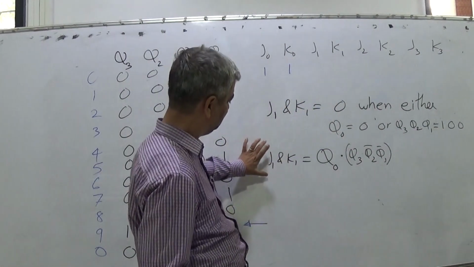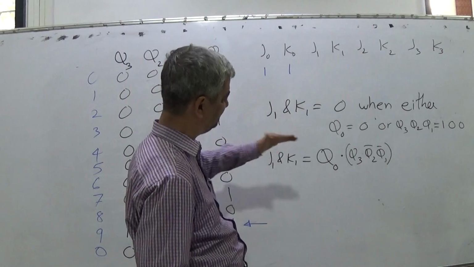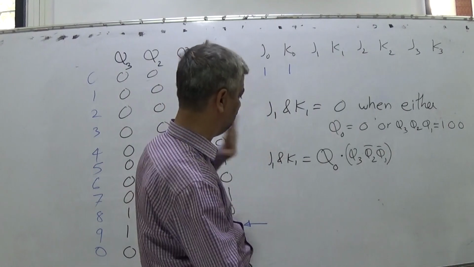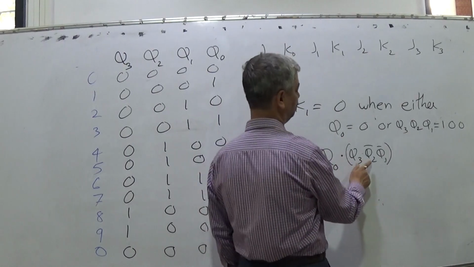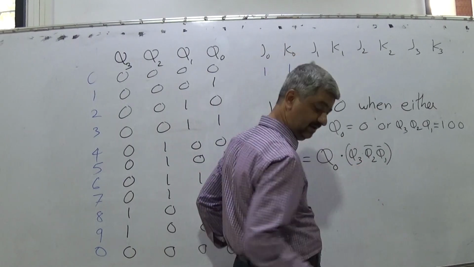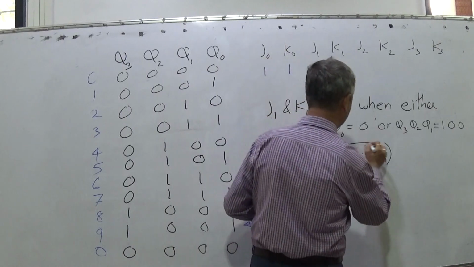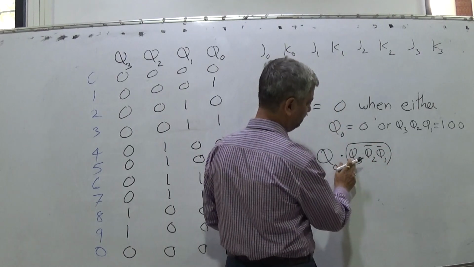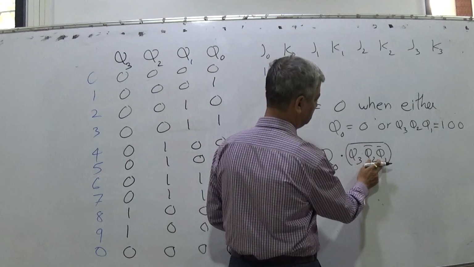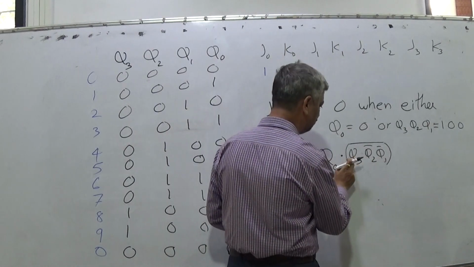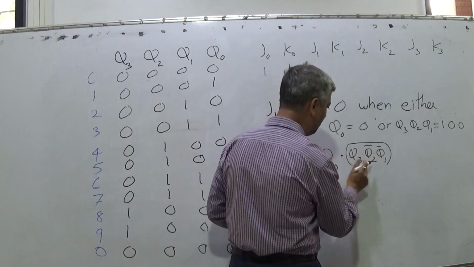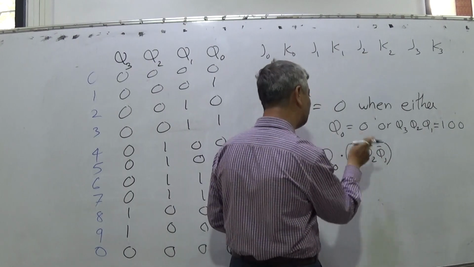Now J1 and K1, you can test it for all possible combinations. When Q3 is 1, Q2 is 0 and Q1 is 0, Q3 dot Q2 bar dot Q1 bar is 1, and its bar is 0.